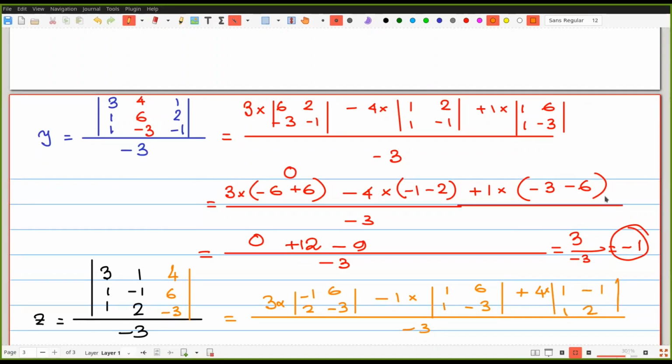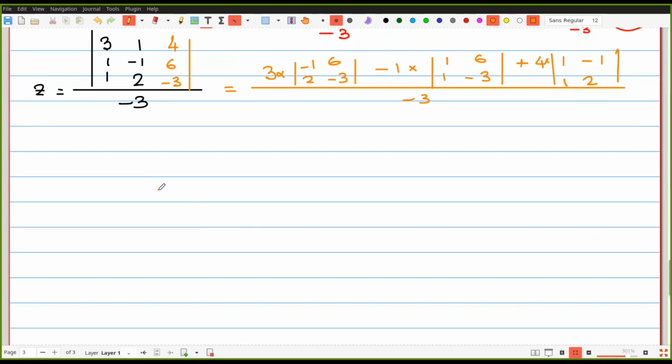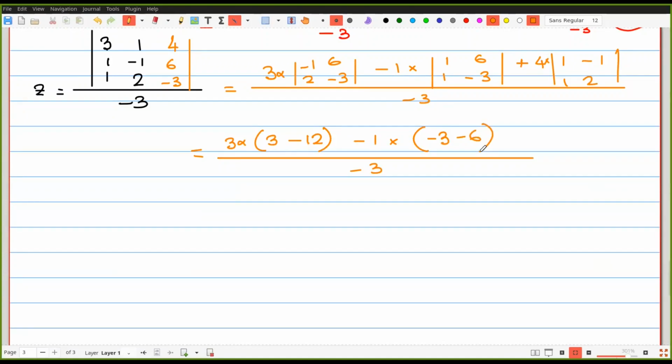Okay, let's check what is the value. So that one, minus 3 upon 3 into minus 1 into minus 3, that means 3 minus 12, minus 1 into minus 3 minus 6, plus 4 into 2 minus of minus 1, that means plus 1.